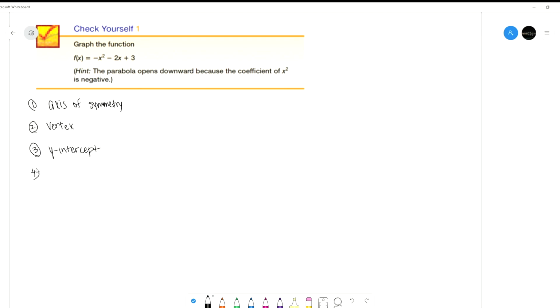And you can also do the symmetric point. And lastly, the x-intercepts.